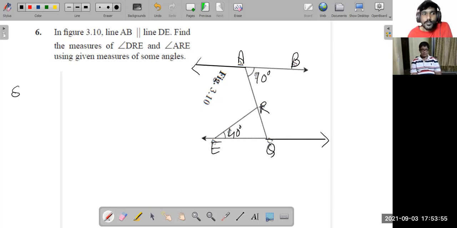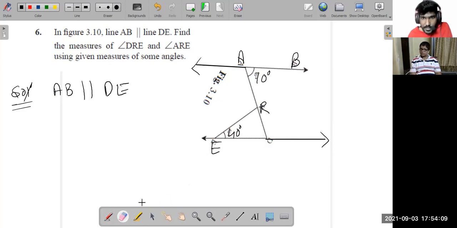In the question, it is given AB is parallel to DE. Sorry, this is D. Now, if AB is parallel to DE, what is the transversal then?